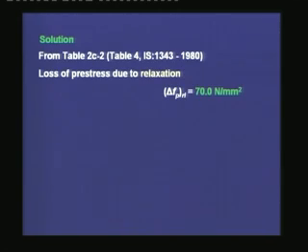Third, we are calculating the loss of pre-stress due to relaxation from table 2C2, which is same as table 4 of IS 1343. We find for an initial stress of 70% of the characteristic strength, delta Fp subscript RL is equal to 70 Newton per millimeter square.